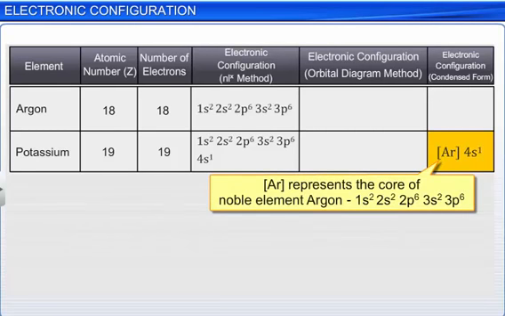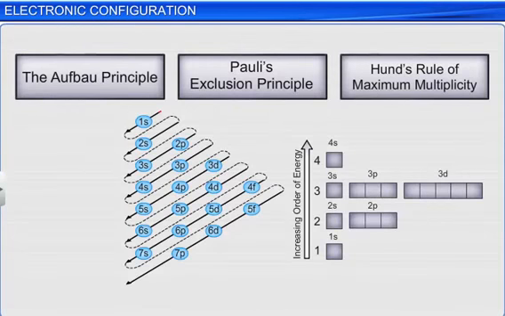The electronic configurations of the atoms generally follow the three above said rules for filling up electrons into various orbitals.